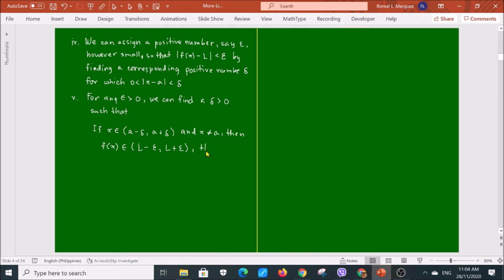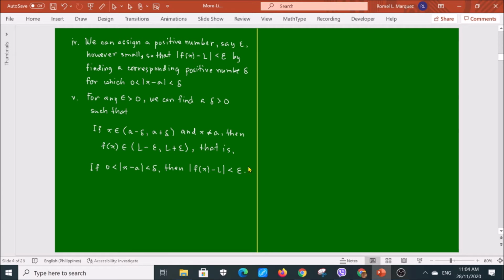So that is, if the absolute value of x minus a is between 0 and delta, then this difference, the absolute value of f of x minus L, is less than epsilon.